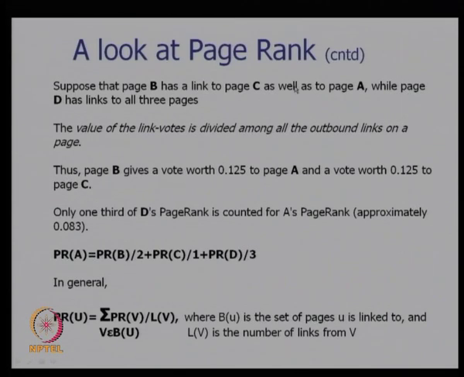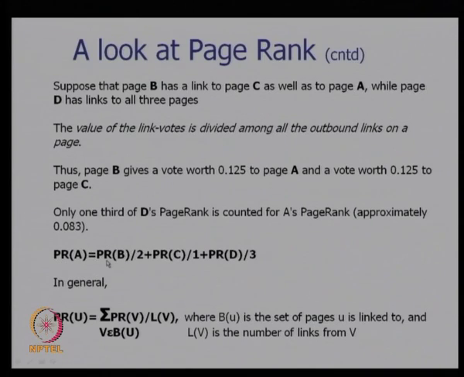Since B has link to page C as well as to page A, we divide B's page rank into 2 parts and give 0.125 to A and 0.125 to C, dividing 0.25 into 2 equal parts. Similarly, since D links to A and B and C, D's page rank is also divided into equal 3 parts and given to A.